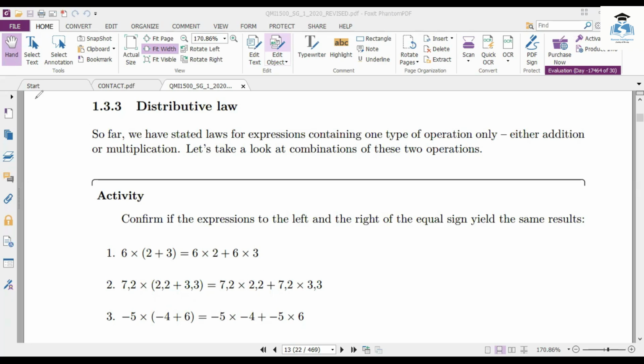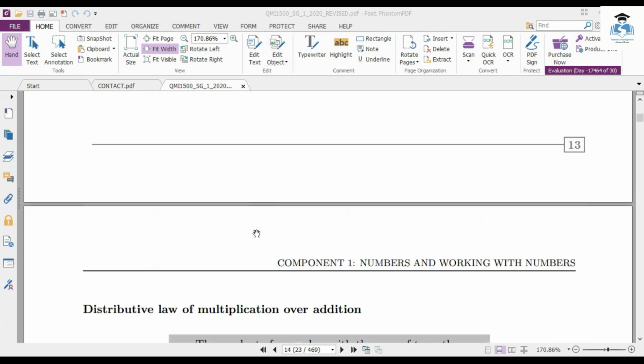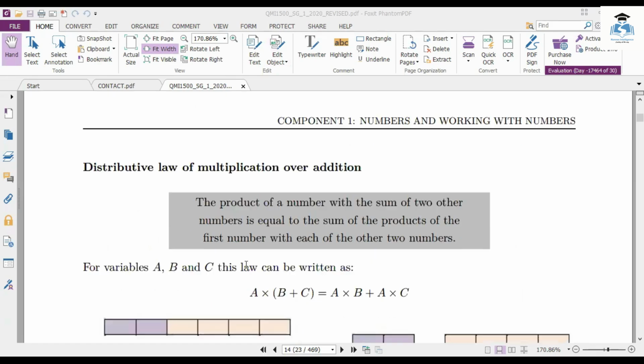So that's distributive law. Normally, you can use it, especially when you are expanding or removing the brackets. The product of a number with the sum of two other numbers is equal to the sum of the product of the first number with each of the other two numbers.